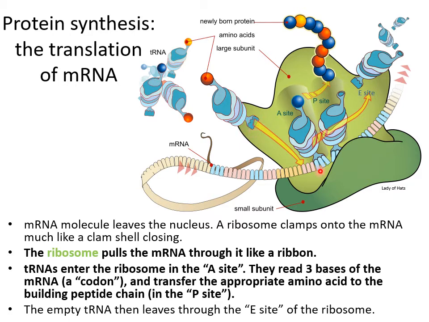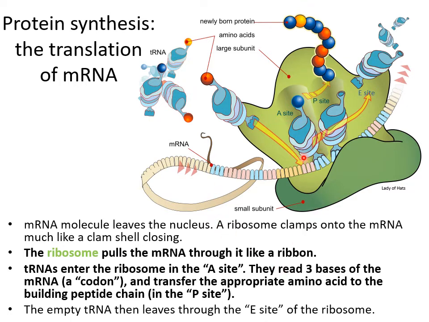If this can bind here, that means it has the proper amino acid and it can transfer to build the peptide chain. If instead it doesn't fit against this codon, these 3 bases, that means it has the wrong amino acid and it will float out of the A site and allow a new tRNA to come in.